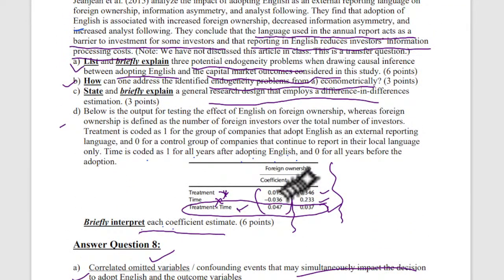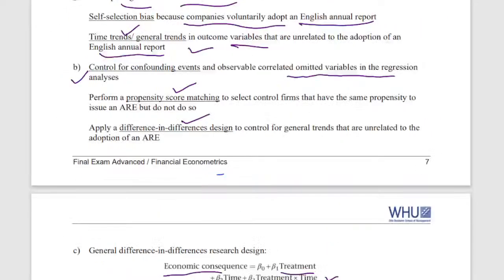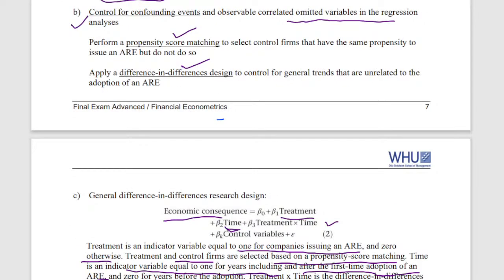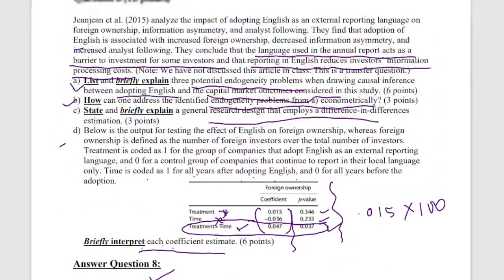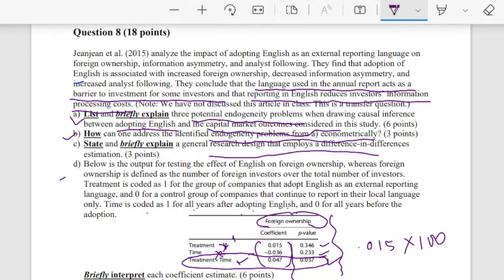You can see these are 0.015, so they are multiplying these coefficients by 100 to get those values. The negative sign in front of time is there, so how do you interpret that? Control companies have 3.6% fewer foreign owners after adoption compared to before adoption. You can see foreign ownership is the dependent variable and these are the independent variables.